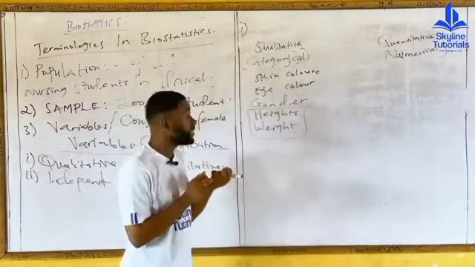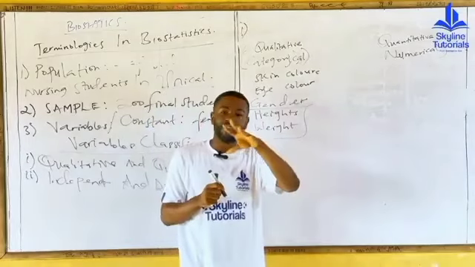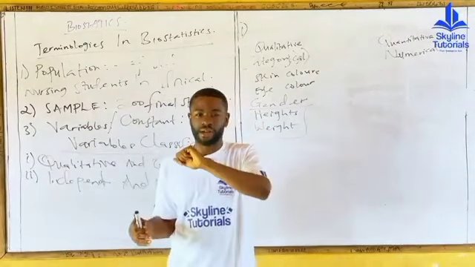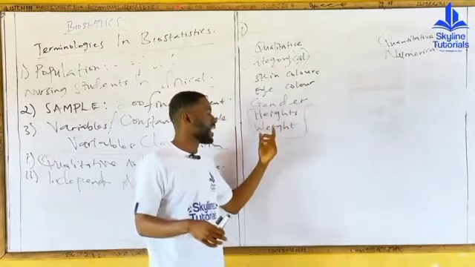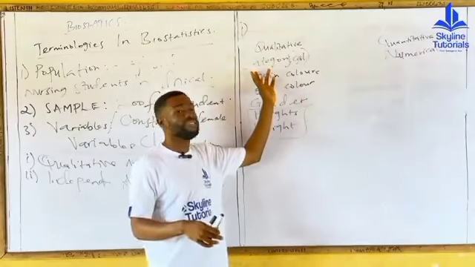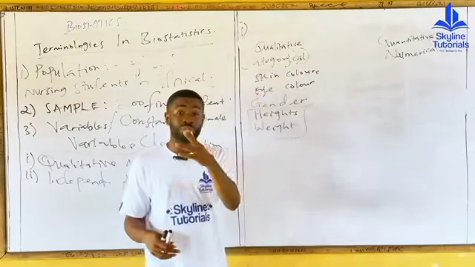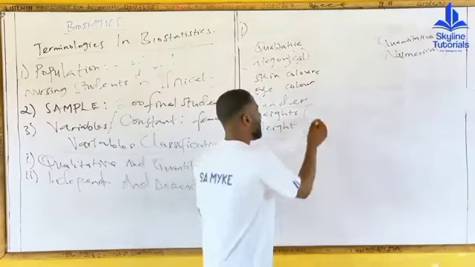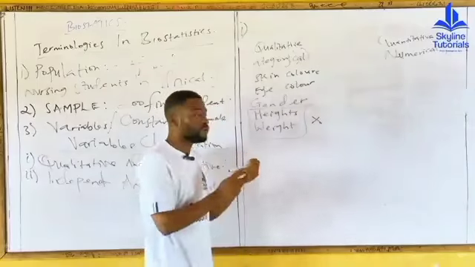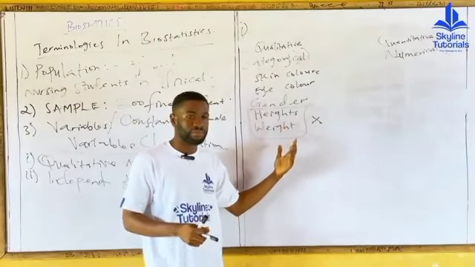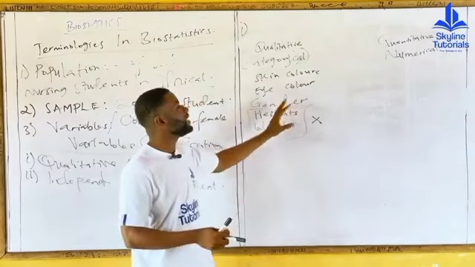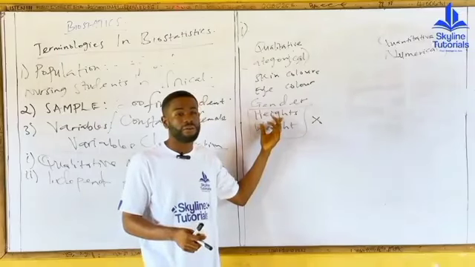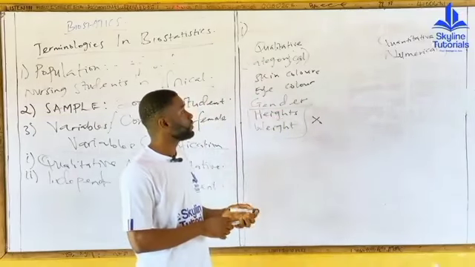If we have defined qualitative variables to be characteristics observed that are not numerical, so you answer this: would height and weight be under qualitative variable? The answer should be no. Why? Because we would have a numerical figure here. So this is not an example of a qualitative variable, although it varies. It varies, right? Yes, it does. But it is not a qualitative variable because it has a numerical value in it.